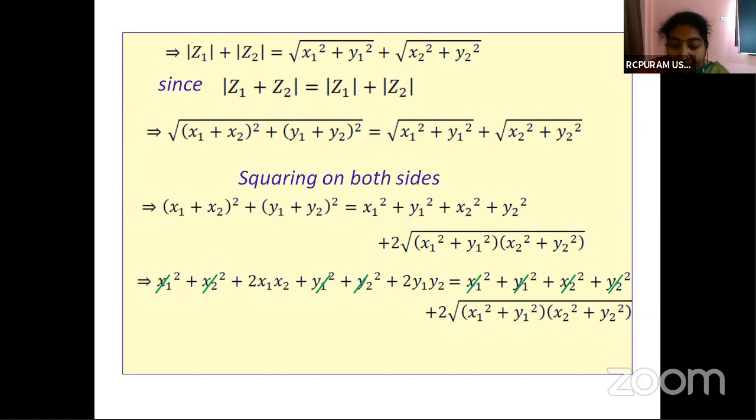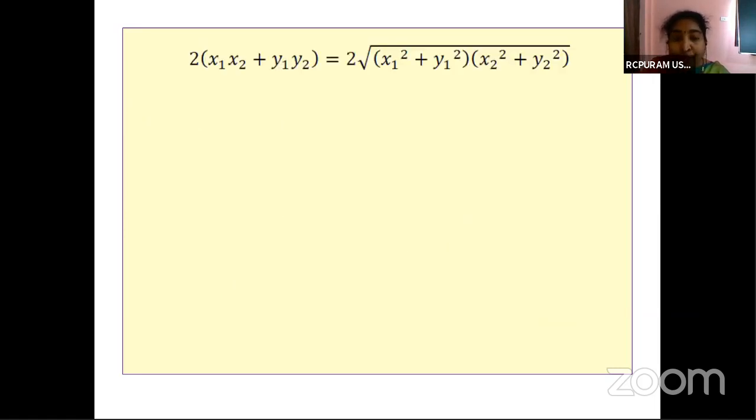Okay. Then you are left with 2 into (x1x2 plus y1y2) is equal to 2 into root of (x1 square plus y1 square) into (x2 square plus y2 square). Okay.